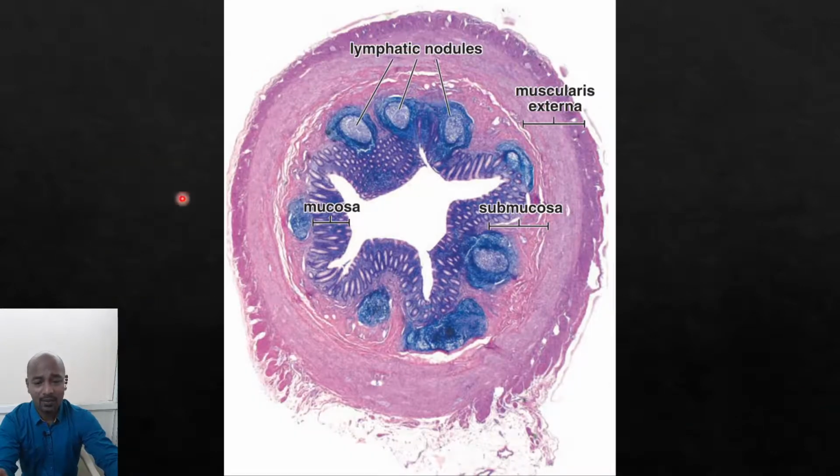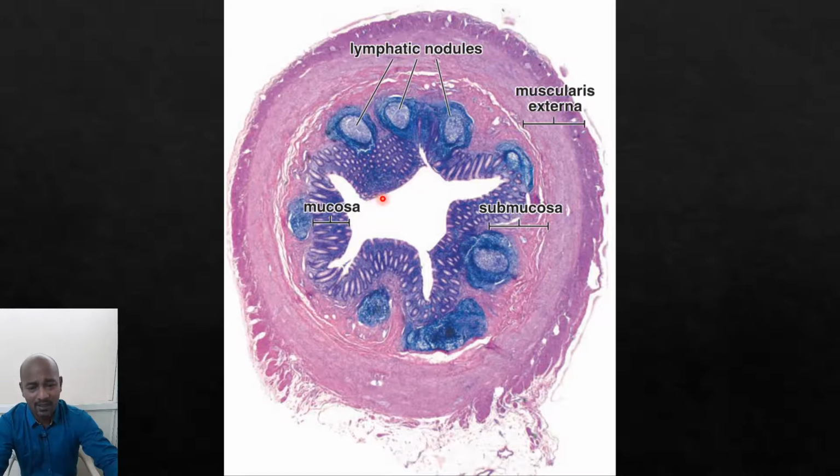And this is a very low power magnified image of the appendix, showing the entire appendix in transverse section. This is the lumen, and you can see the epithelium lining the lumen. You will have those crypts or the intestinal glands going down.